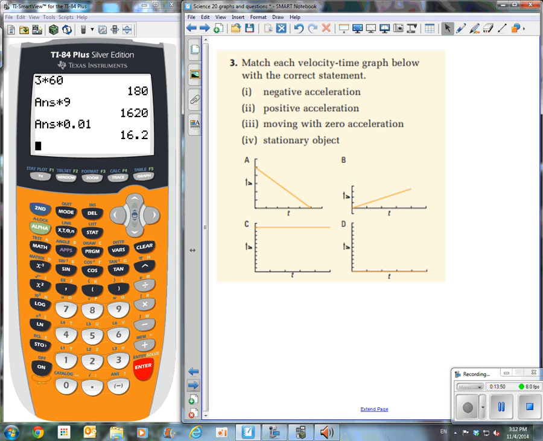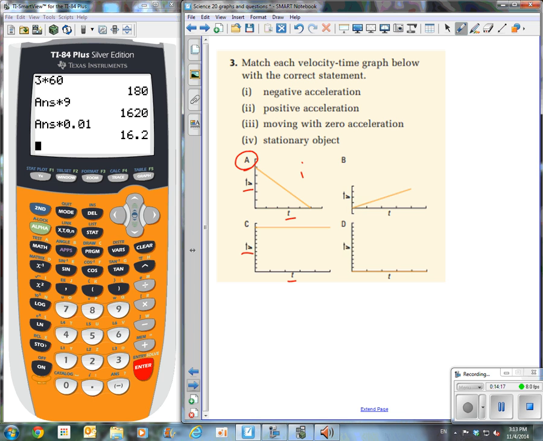Here we go. Next question. Match each velocity time graph below with the correct statement. So this is kind of like do you understand what's going on here? So note that these are velocity time graphs. Negative acceleration means that the object is slowing down, so its velocity is decreasing.